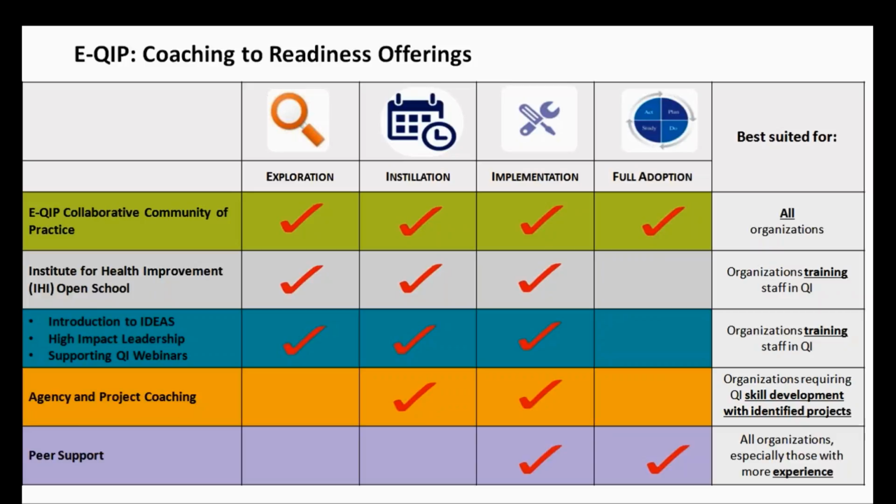For folks in the installation stage, all of those will apply, as well as the agency and project coaching. For folks in the implementation stage of QI readiness, all of our offerings will likely be applicable to you. And for the folks in the full adoption stage, making use of the community of practice would most likely be a benefit, and the peer support. So, hopefully, we can leverage those folks who are in full adoption to help support other agencies who are not that far advanced with QI yet.